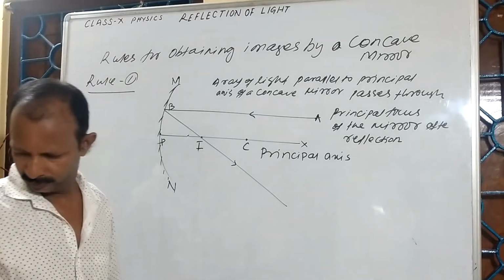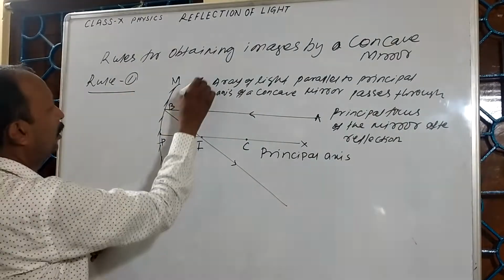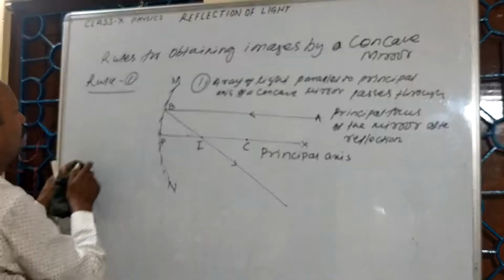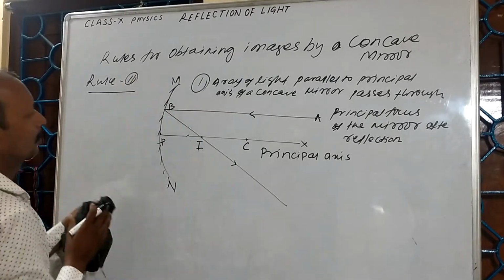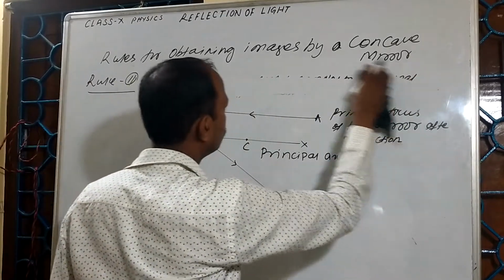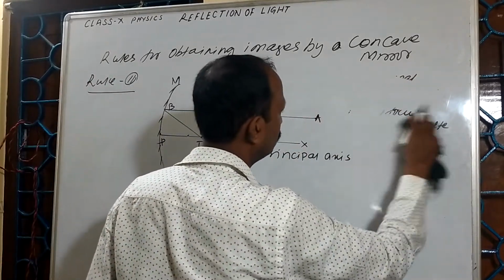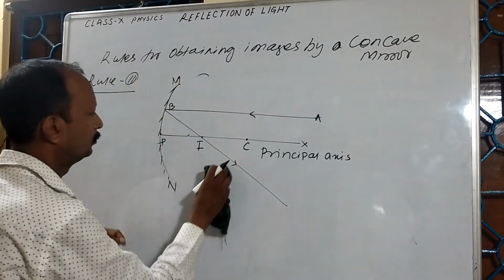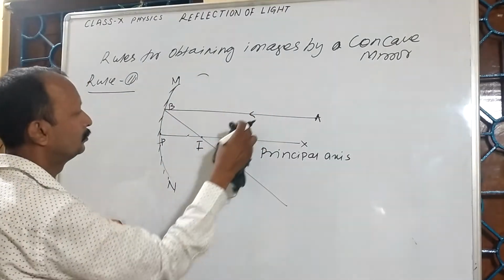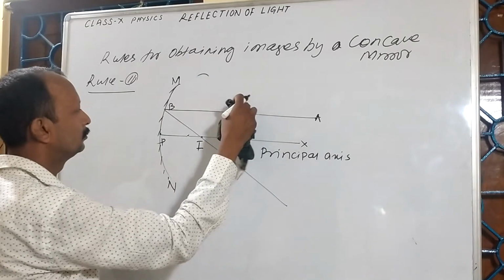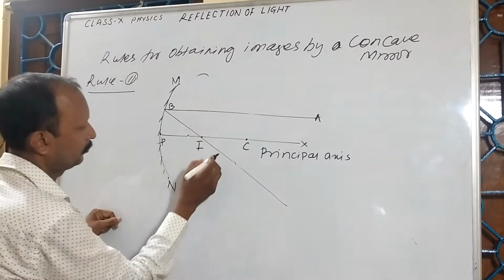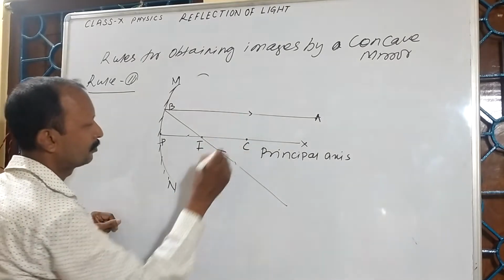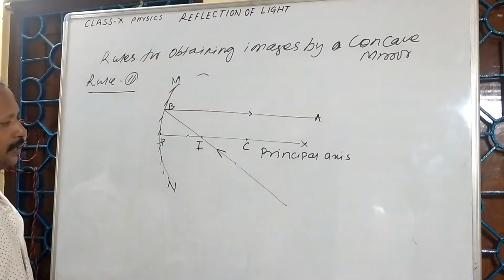Second rule. So, this is rule number 1. What is the second rule? Rule number 2. See here. Suppose this is the incident ray. This is the reflected ray.